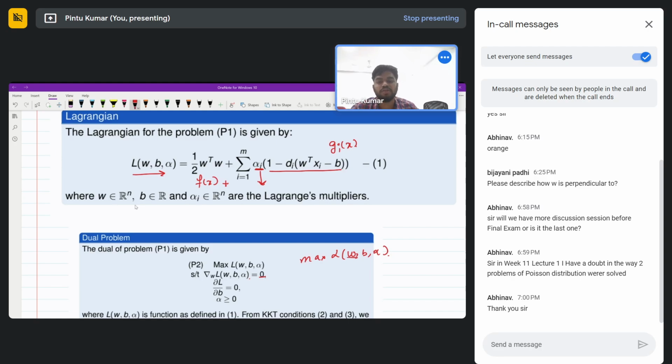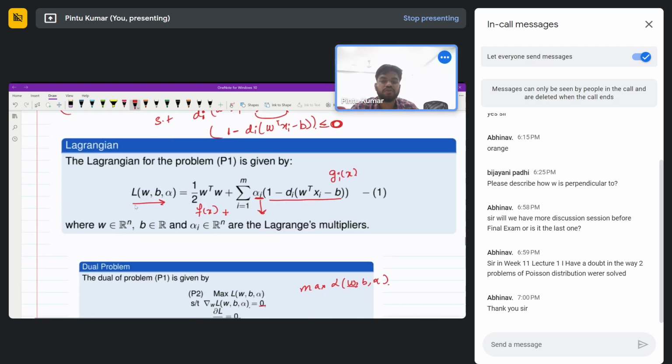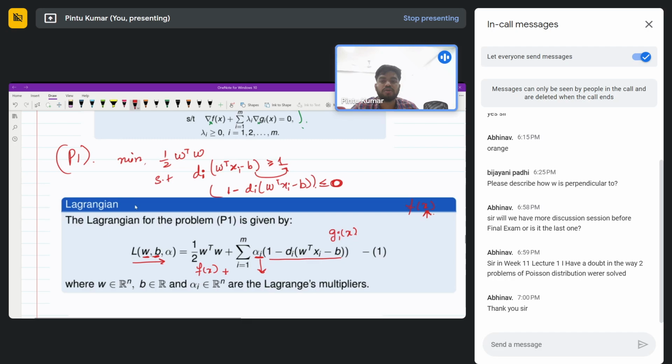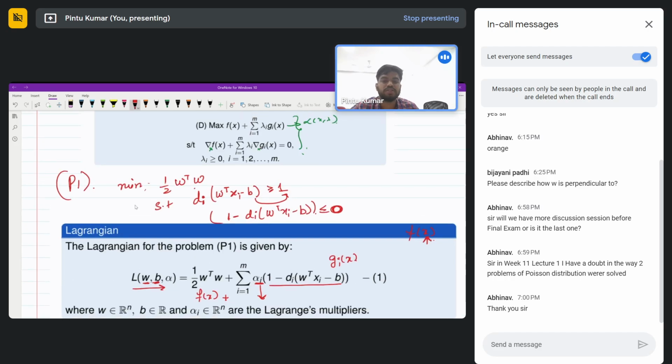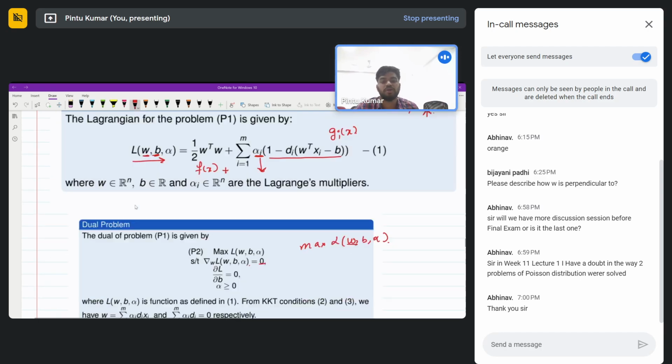because the variables that you were maximizing or minimizing with respect to were not only W but also b. For example, if you have f of x, this is a function of x, right? Over here, your minimization or maximization was a function of W and b. So these are the variables you need to find in order to maximize or minimize.